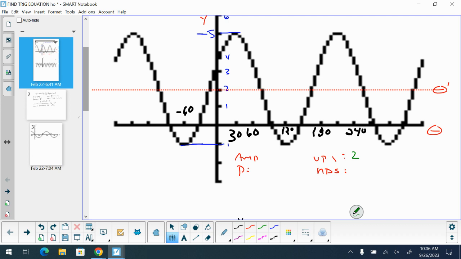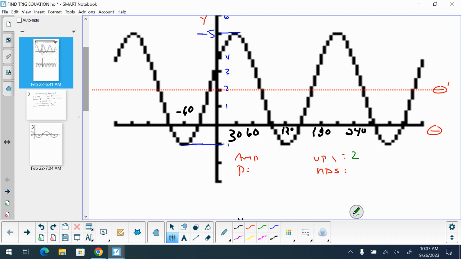So if we take a look at this, here's our neutral axis, here's our peaks, here's our valleys. What's our distance from our peaks and valleys to the neutral axis? Here's my neutral axis.